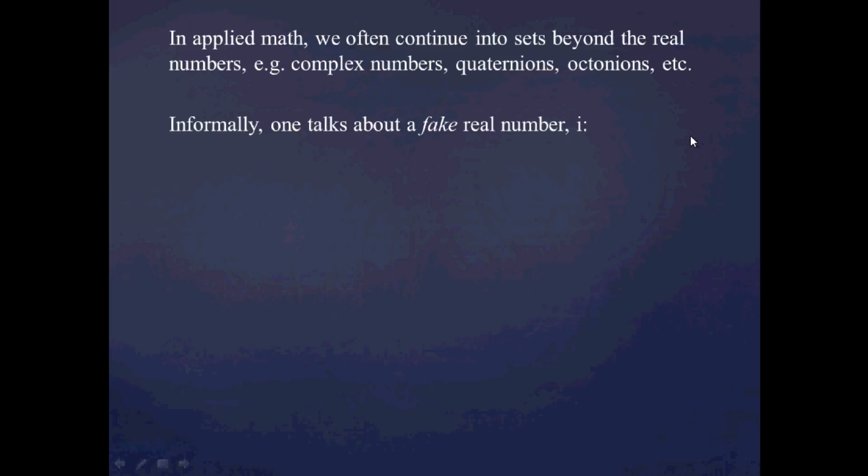Now, in the context of the complex numbers, one's often introduced to the complex numbers by supposing that there's some fake real number, which we call i, which has this property that when I take the square of i, that becomes -1. And I call this a fake real number because, of course, as you've learned in your math education, no actual real number has this property that it squares to -1.